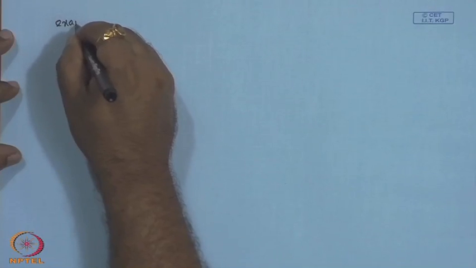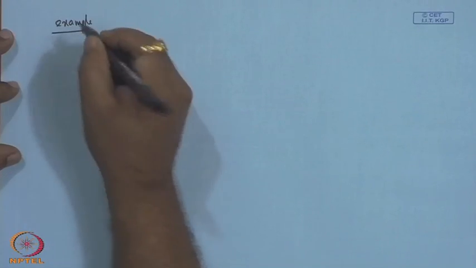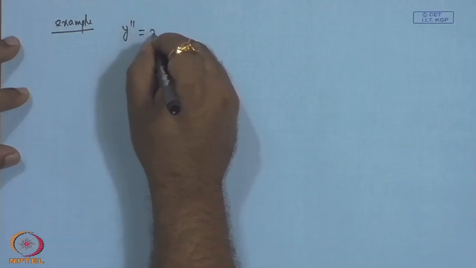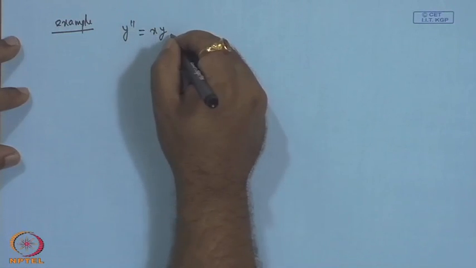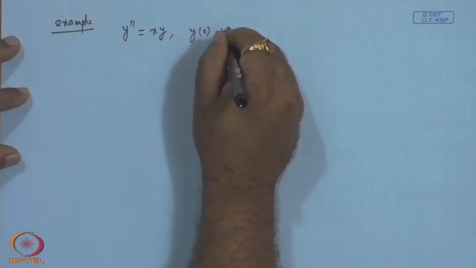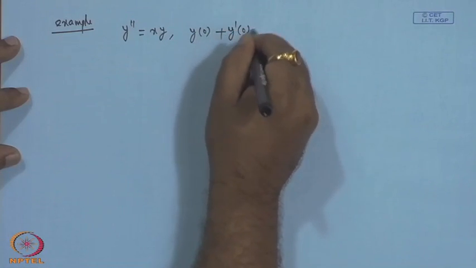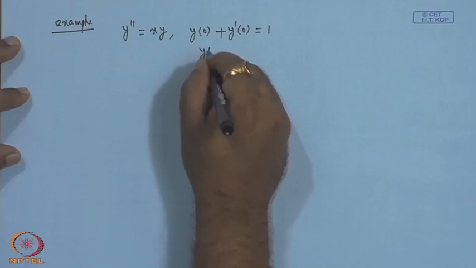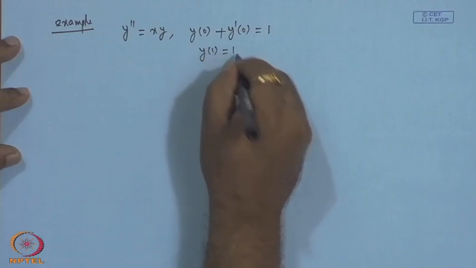So, let us solve some problem so that we understand much better. Consider a very simple case, where the boundary condition is of derivative type only at one end point, just for simplicity.